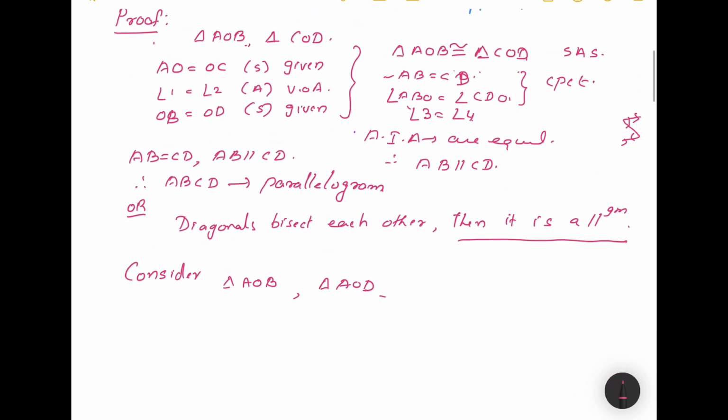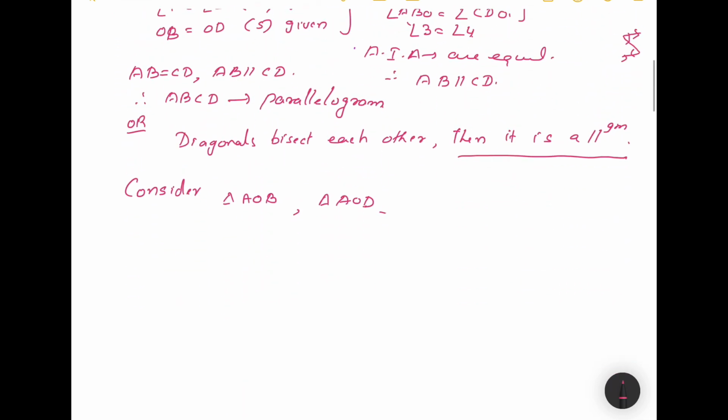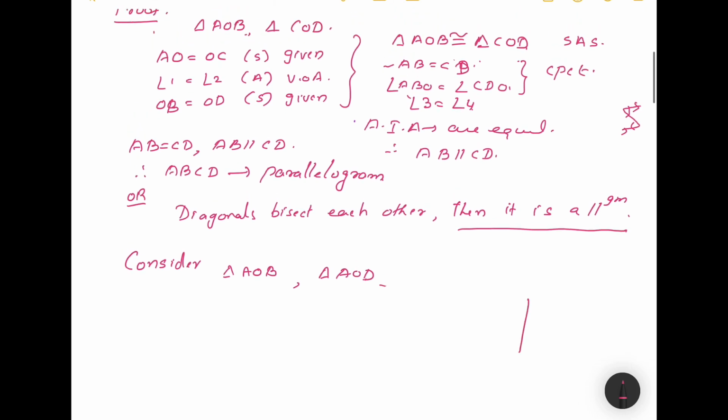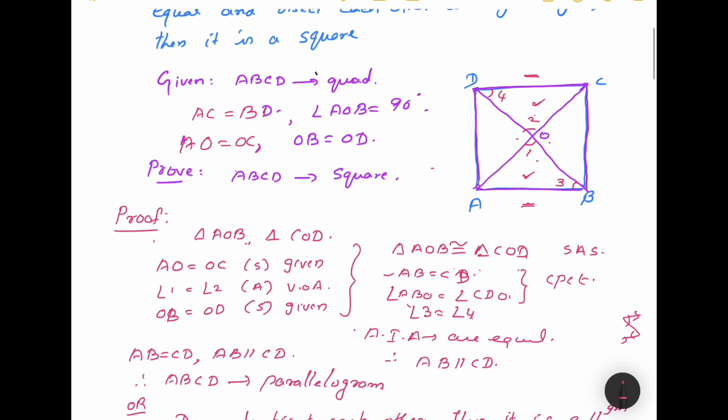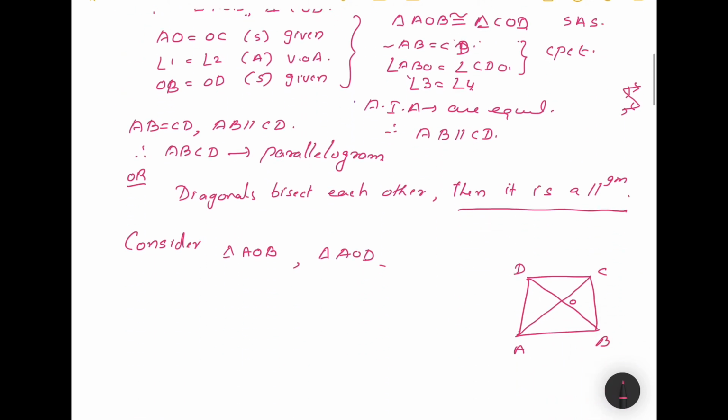I will draw the diagram again here, otherwise I will have to keep scrolling. ABCD and O, and I have already put 1, 2, 3 and 4.